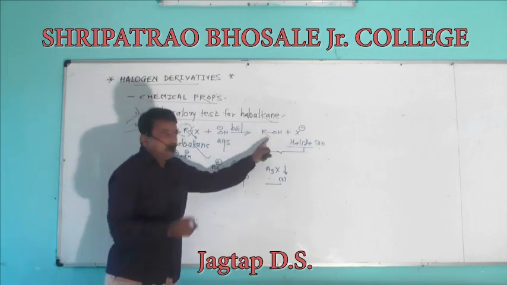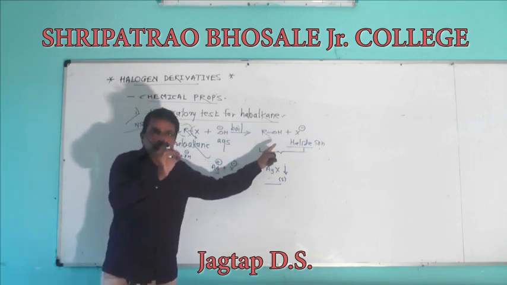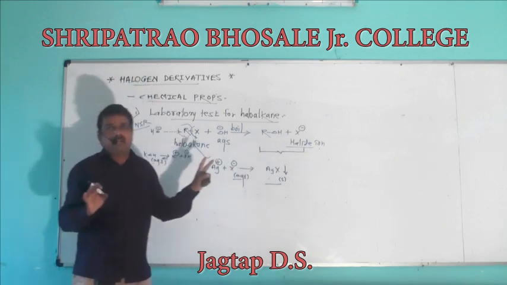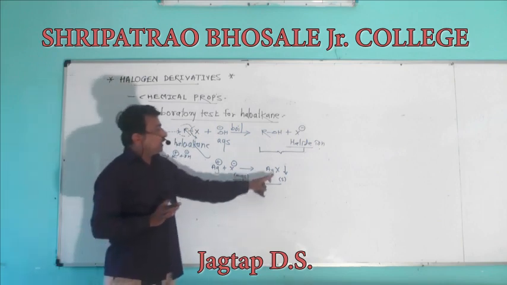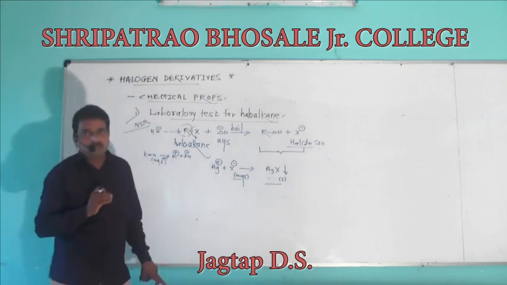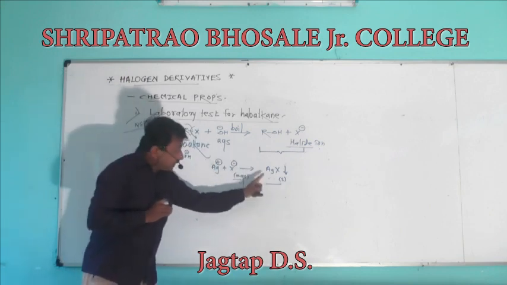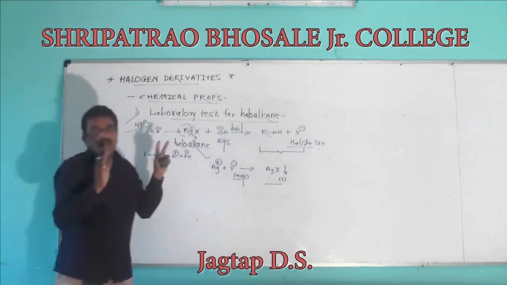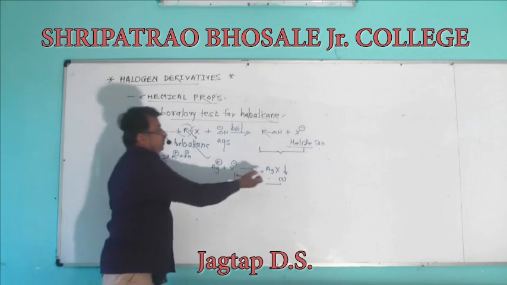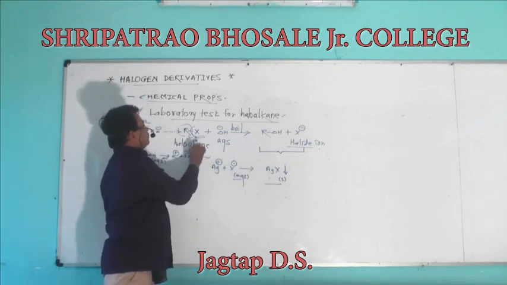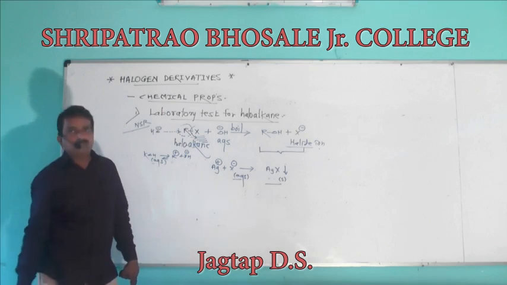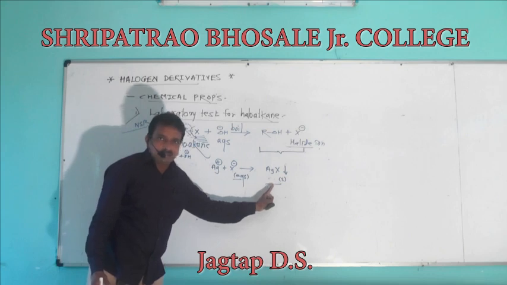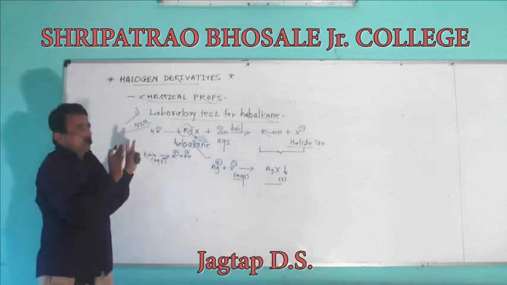The mixture is acidified by mixing with dilute nitric acid and silver nitrate. Then the white precipitate of silver halide is obtained, which indicates the presence of a halogen atom in the original compound.